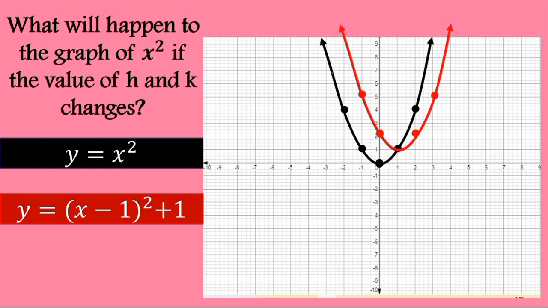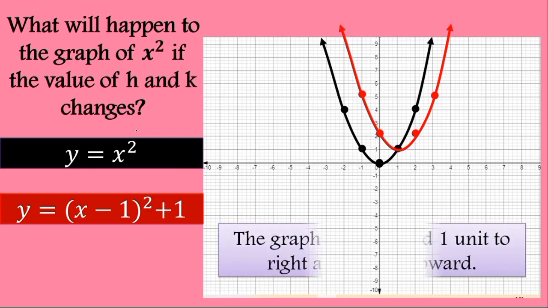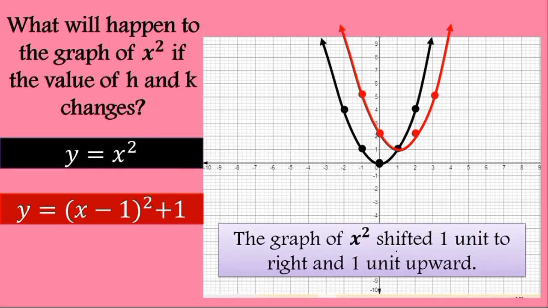From this graph, from this black parabola, it moves to this red graph. How do we do that? What happened? Meaning to say, as h and k change for the graph of y equals x squared, there was a shifting in the parabola of x squared, and that is the graph of x squared shifted 1 unit to the right and 1 unit upward. How do we do this?